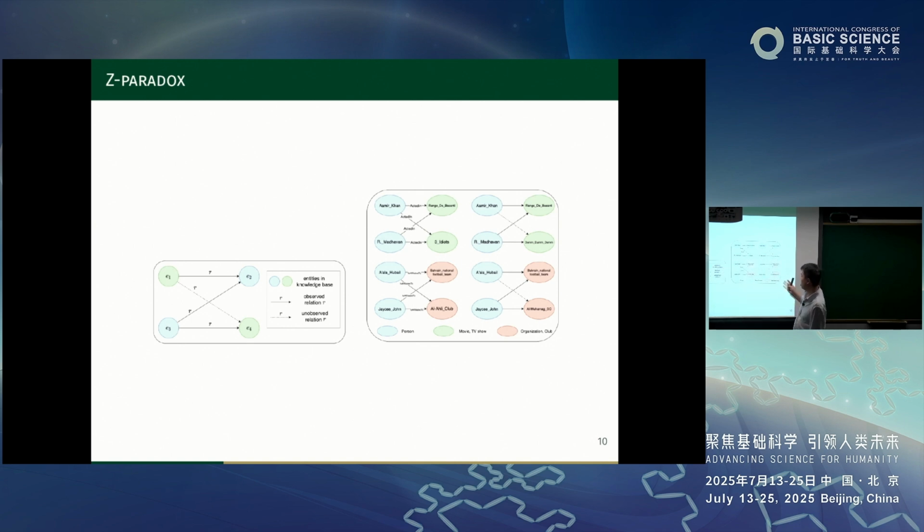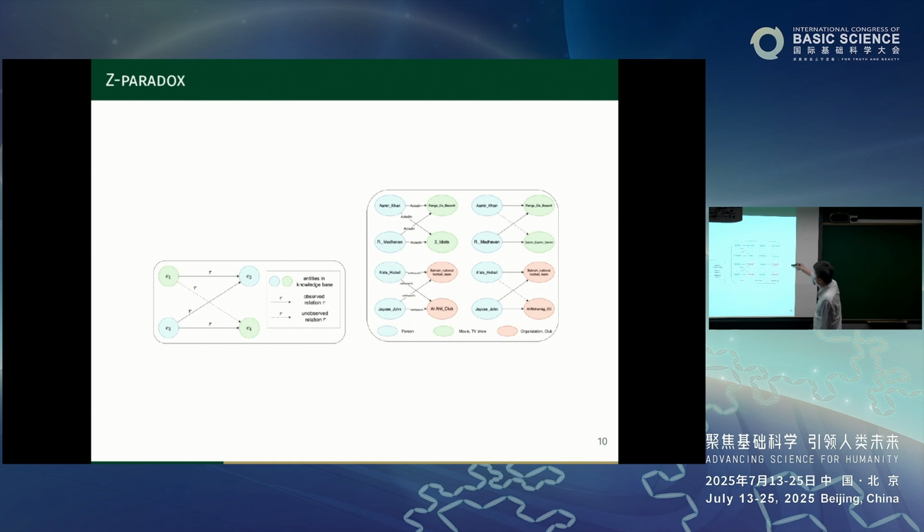Commonly in current literature, when they infer relations between them, for example, E1, E2 has R relation, E3, E2 has R relation, E3, E4 also has R relation. In current models, if these 3 lines are true, they usually infer that this one is true. But in fact, it is not. It can be both true or untrue, right?